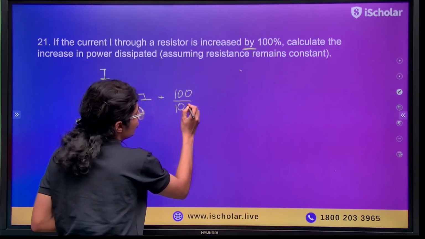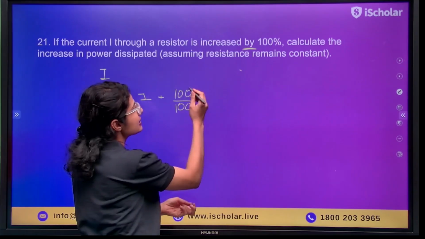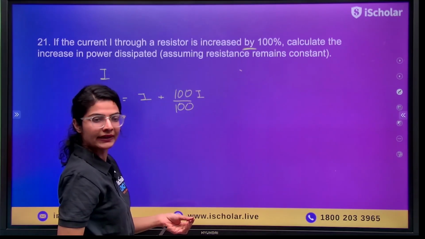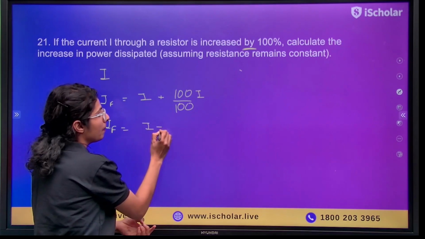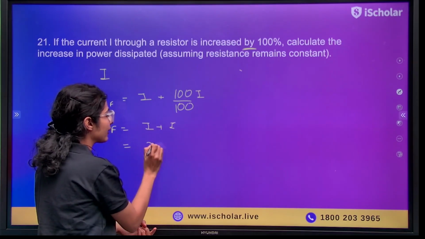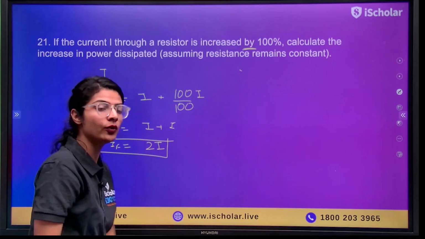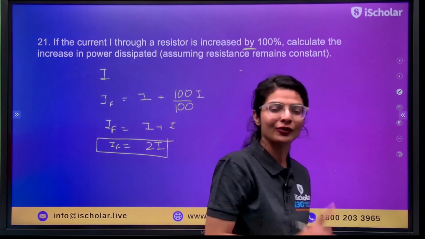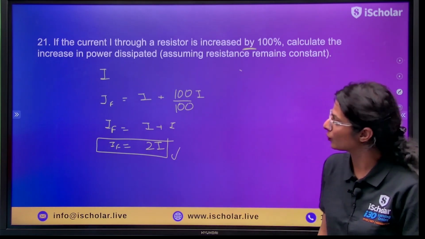To remove the percent, I am dividing by 100 into the quantity which you are changing, that is I. So you are writing the final value of current is I plus I, the final value of current is 2I. So initially the current was I, and after that the current became 2I.